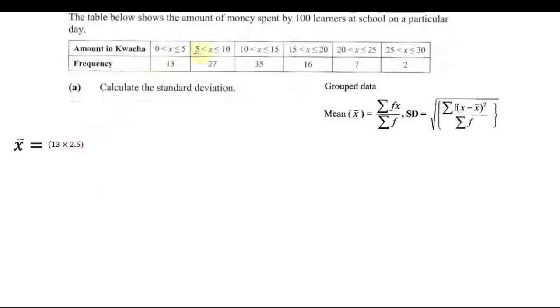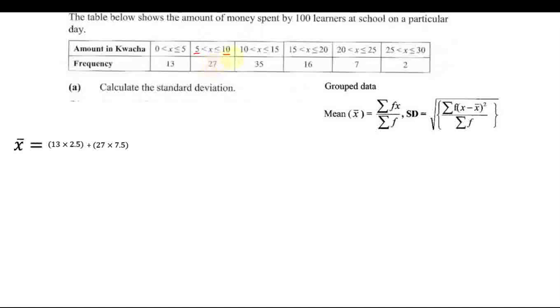You do the same here. You say 5 plus 10, which is 15, and dividing 15 by 2, we get 7.5. So you multiply 7.5 with the 17, which is the frequency. So you have something like this, plus there.